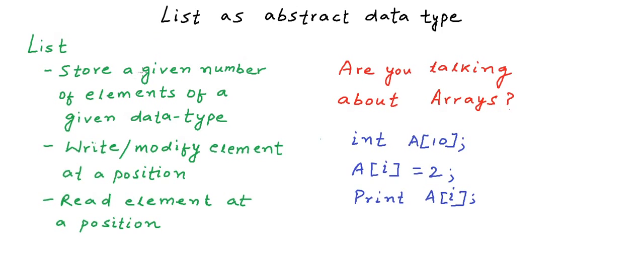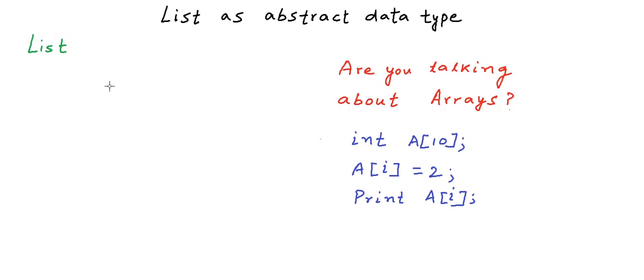Now I want a list that should have many more features. I want it to handle more scenarios for me. So I'll redefine this list here. I do not want a static list, a static collection with a fixed size. I want a dynamic list that should grow as per my need. So the features of my list are that I'll call my list empty if there are no elements in the list. I'll say the size of the list is 0 when it is empty, and then I can insert an element into the list, and I can insert an element at any position in an existing list.